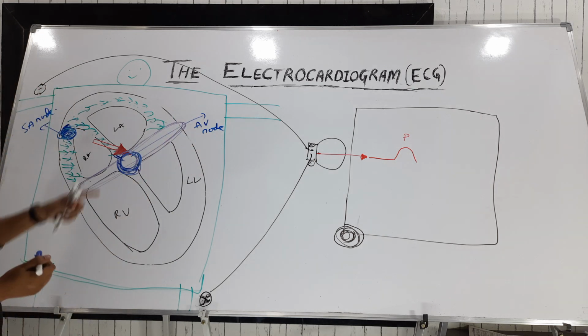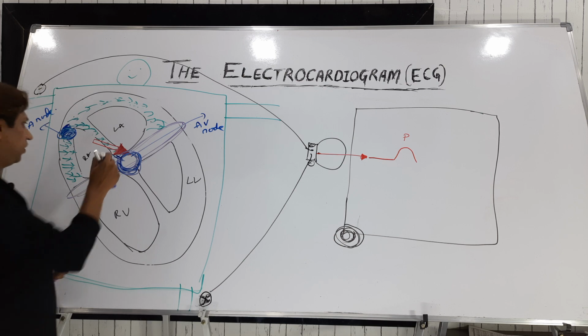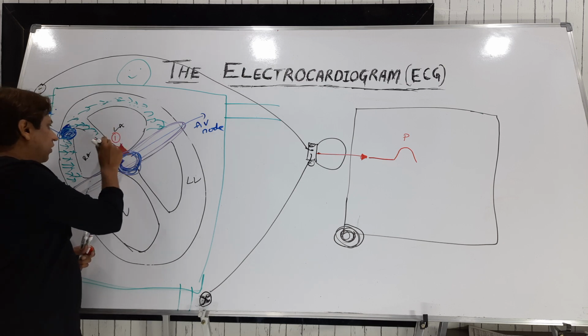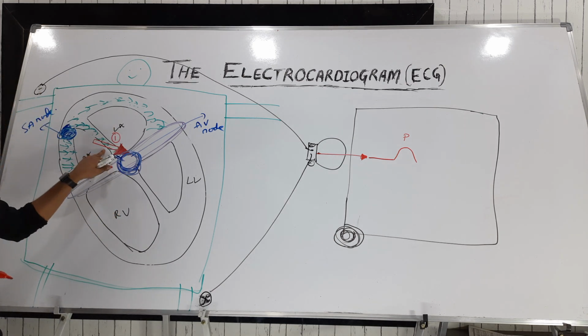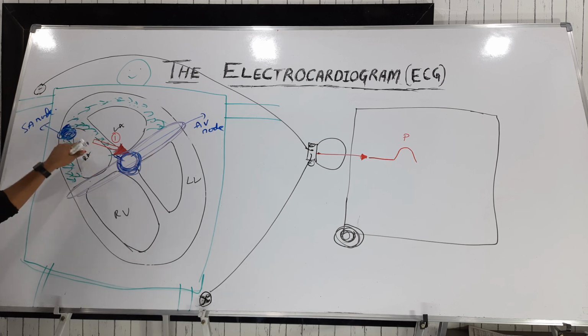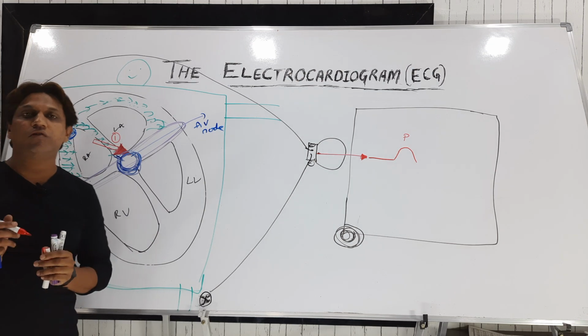So remember, the first electrical activity is the atrial depolarization. I'll mark this arrow, that is the vector, and this is the first electrical event which causes the P wave. Now this electrical signal passes to the AV node.